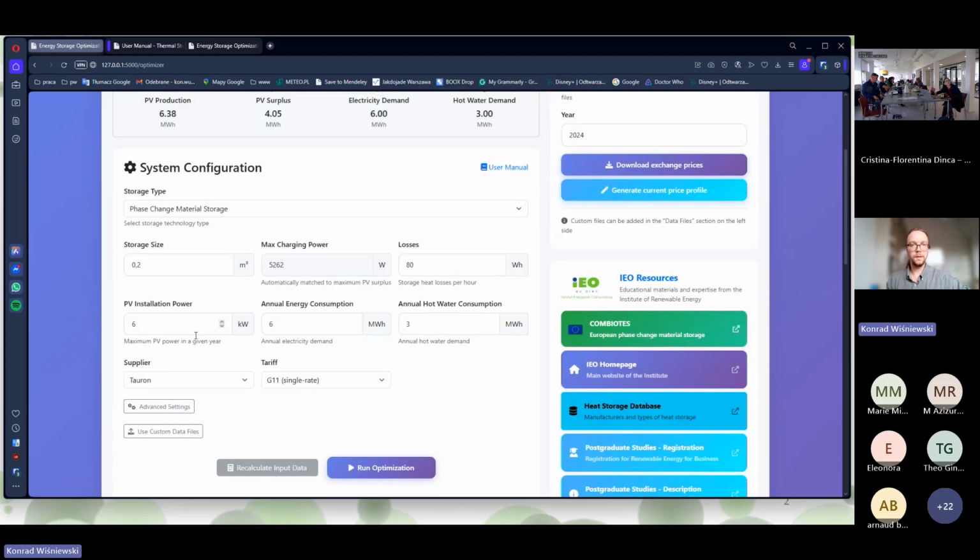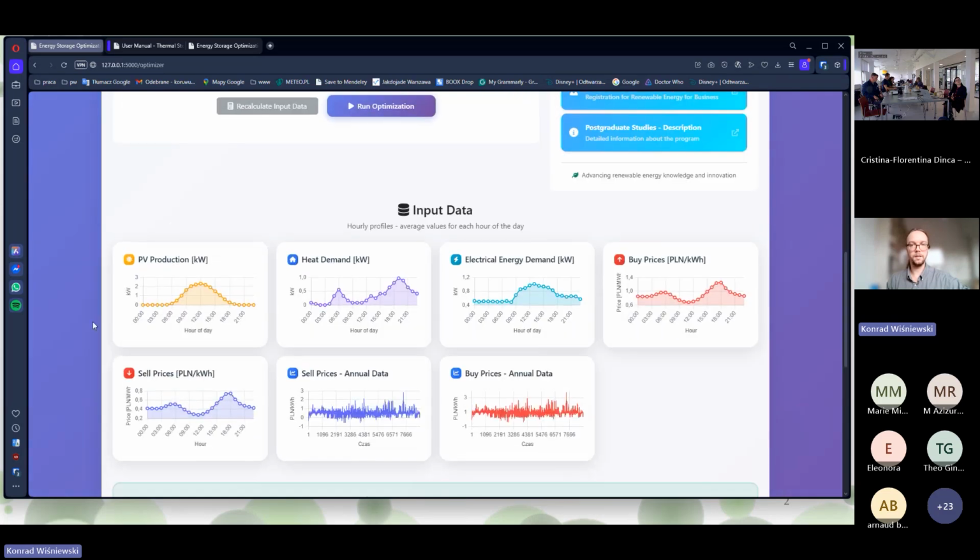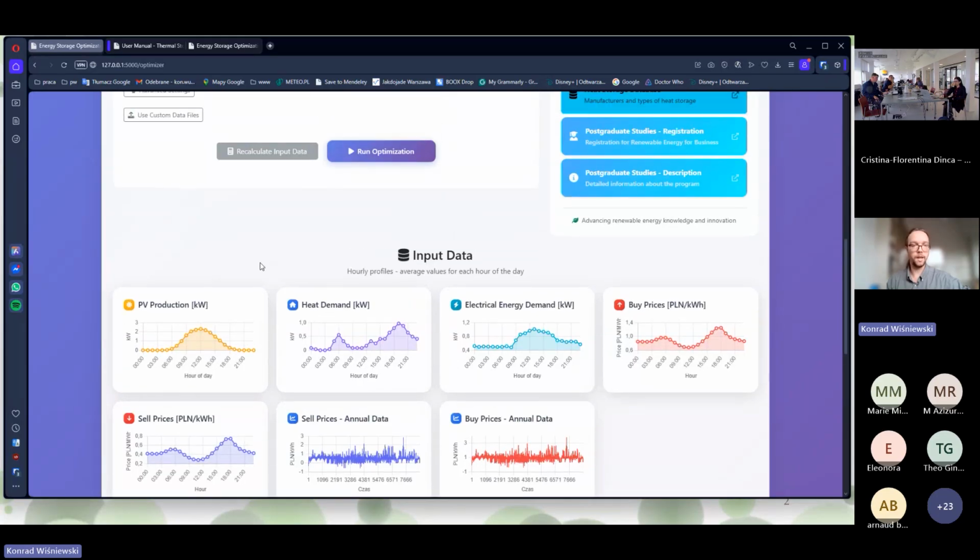This first part is for storage. The second part is the definition of the system, and we can view it in the charts below. This is our hourly average with one day of PV production, heat demand, and electrical energy demand. This is the starting point, and of course we need to get the energy prices from the market.